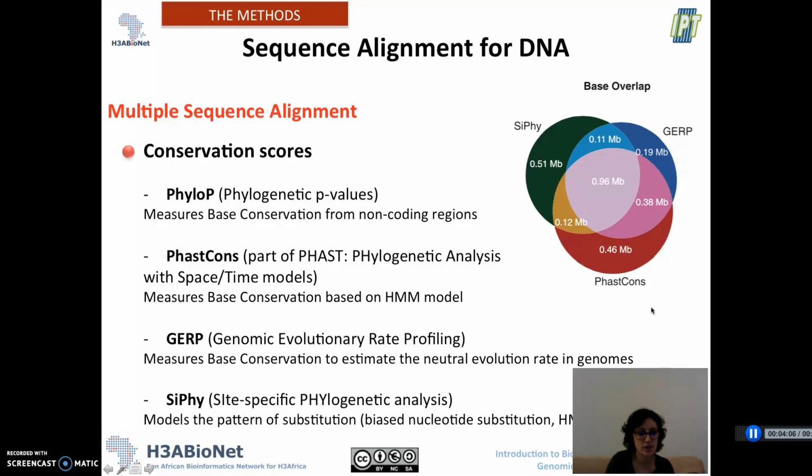This would suggest that the three methods are complementary to each other, and that each one is highlighting different aspects of molecular evolution. SciPhi, for example, finds much more different conservation in UTRs compared to the other ones.